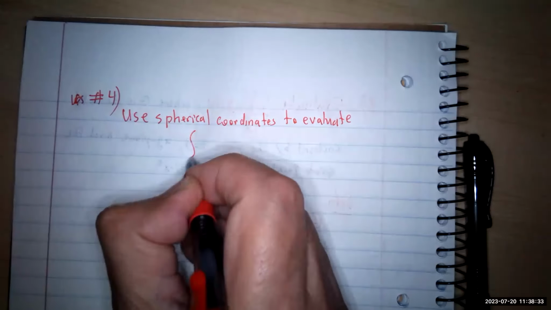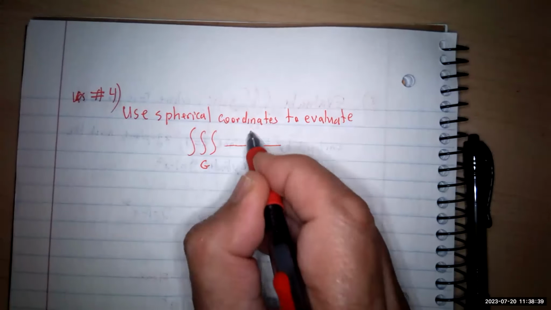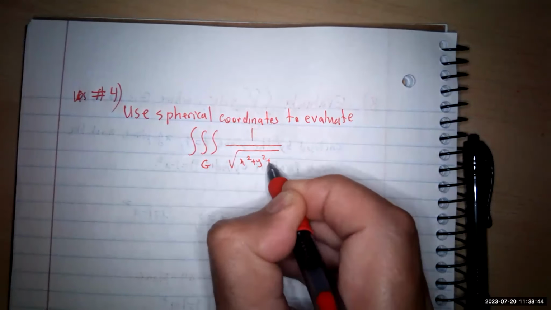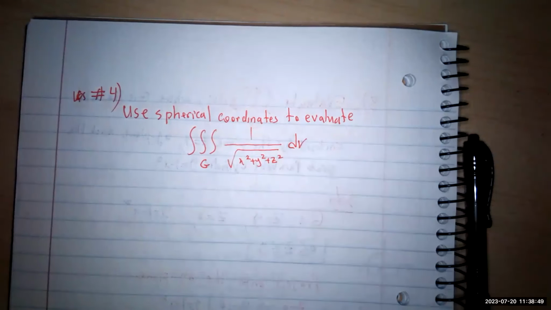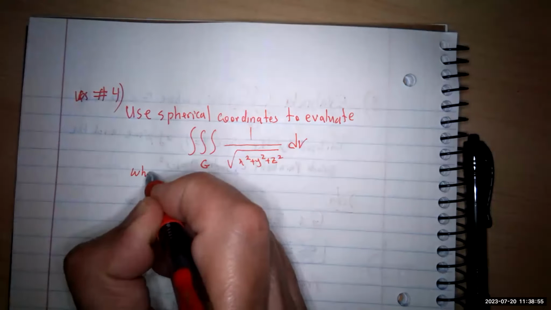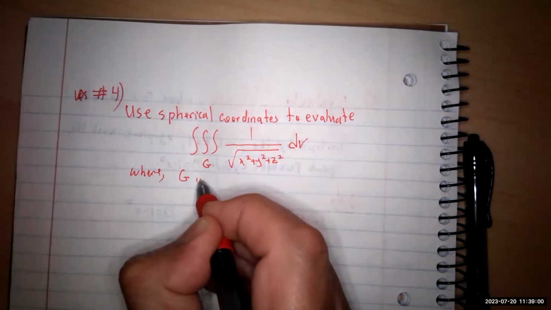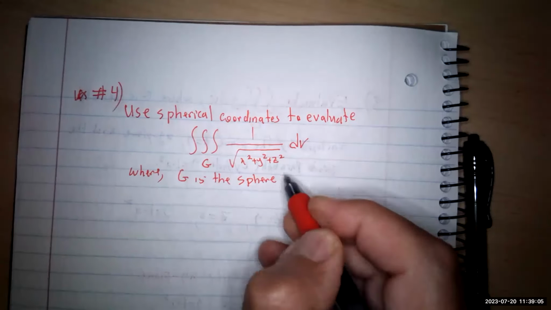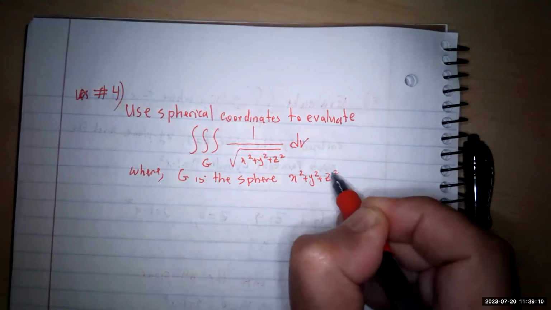this triple integral over the solid G, 1 over the square root of x squared plus y squared plus z squared, which is nice, dV, where G is the sphere with the equation x squared plus y squared plus z squared equal to 25.